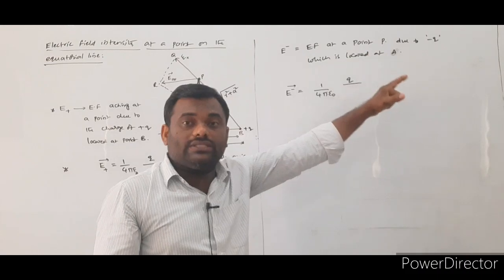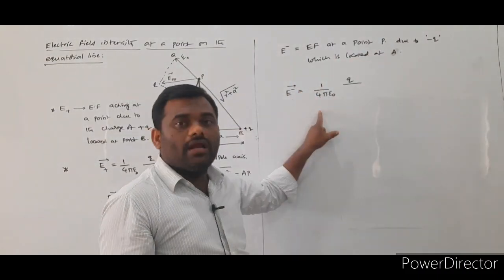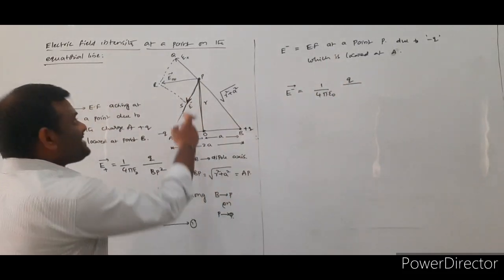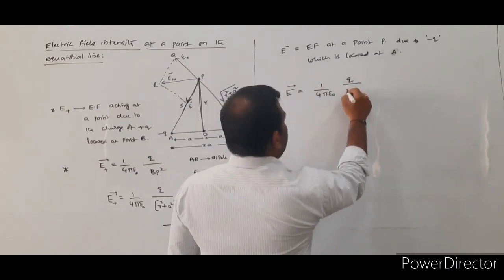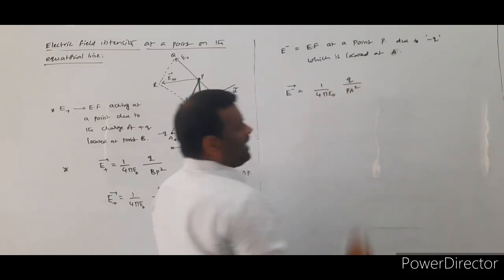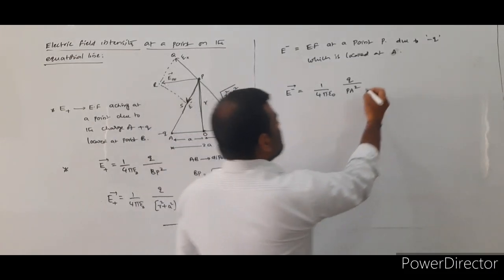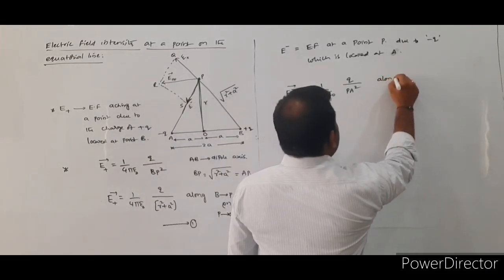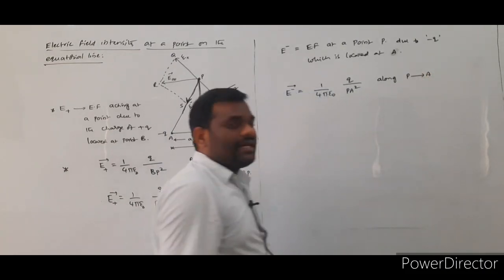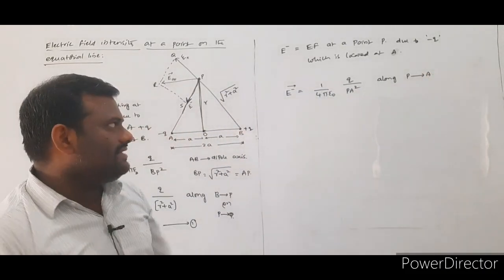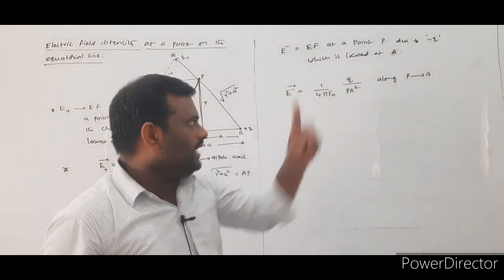Even though that is a negative charge, we must consider the magnitude of the charge. 1 by 4 pi epsilon naught into q by the distance of separation between these 2 points, P to A square, and its direction is acting along P to A. What is the direction of the E minus bar? The direction of the E minus bar will be acting along P to A.